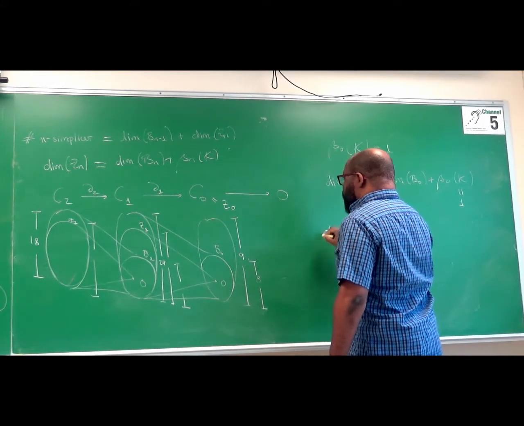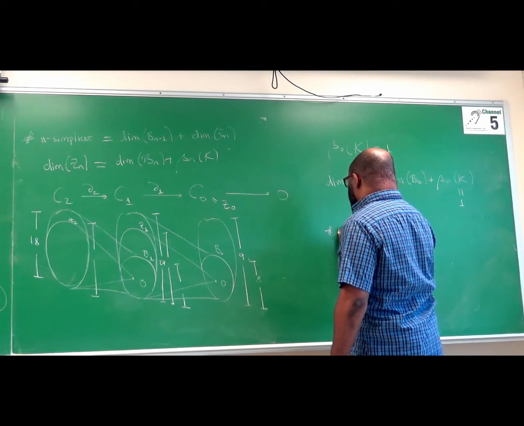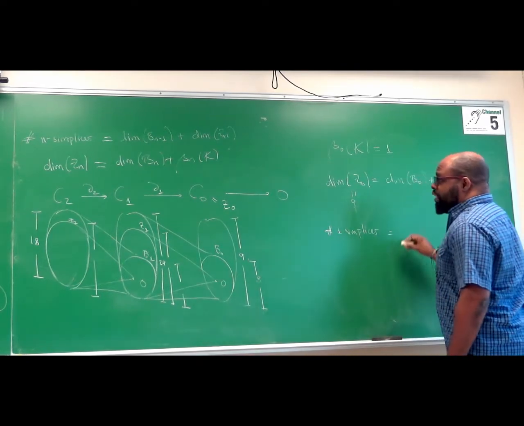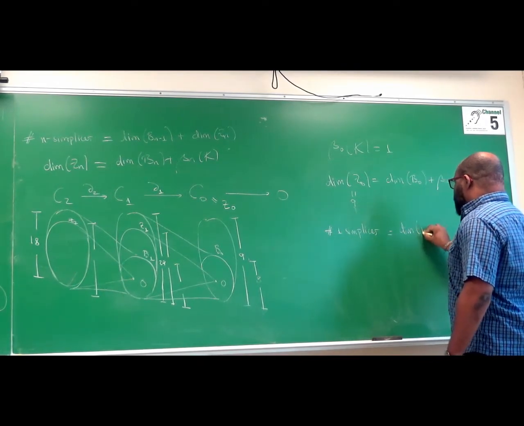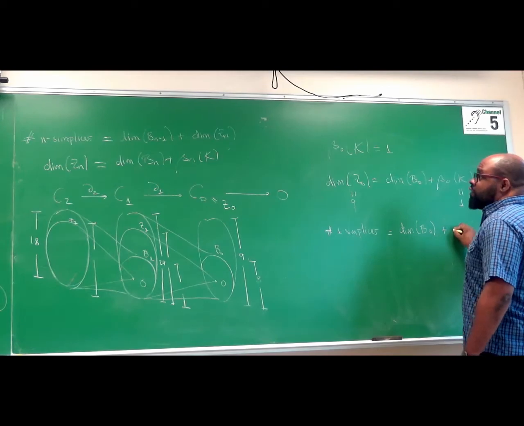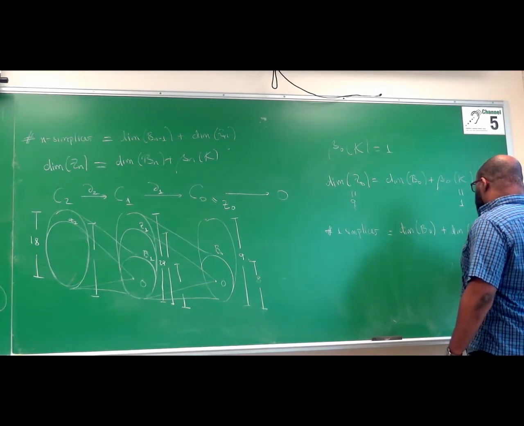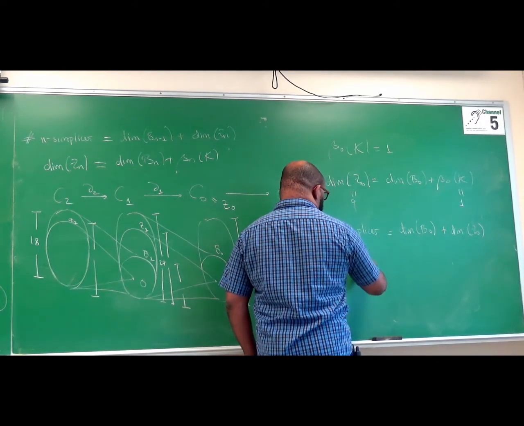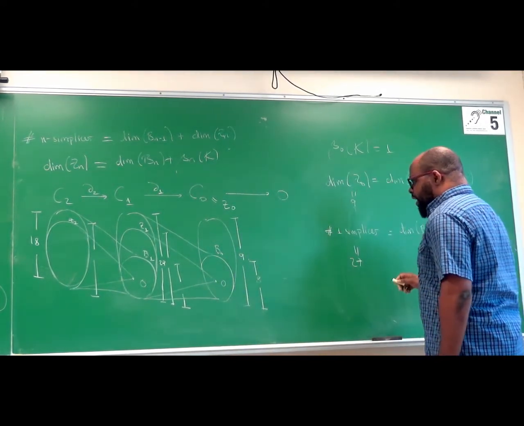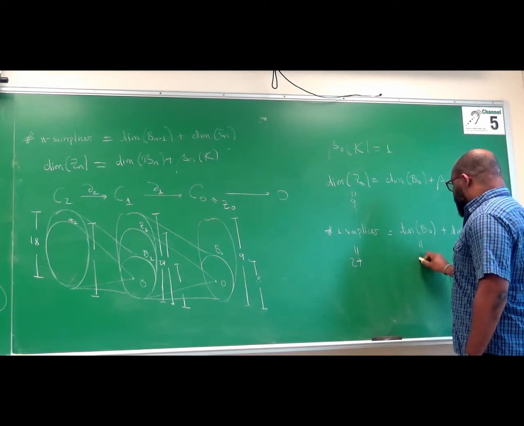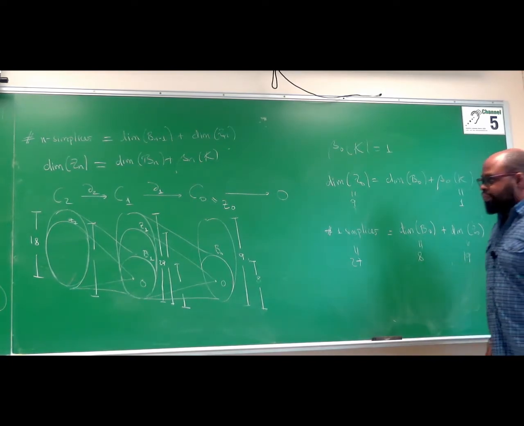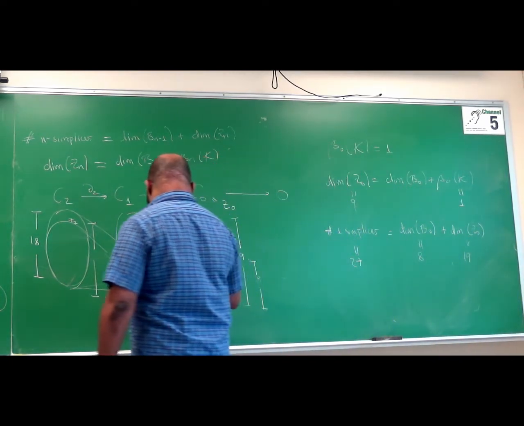The number of one simplices should be the dimension of B0 plus the dimension of Z0. How many one simplices do we have? We have 27, and we've just calculated B0 to be 8. So these should be 19, maybe? So 19.